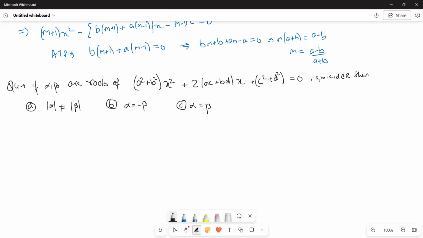Option C, alpha is equal to beta. Let's make a small correction. Option D, alpha is minus of 1 by beta.